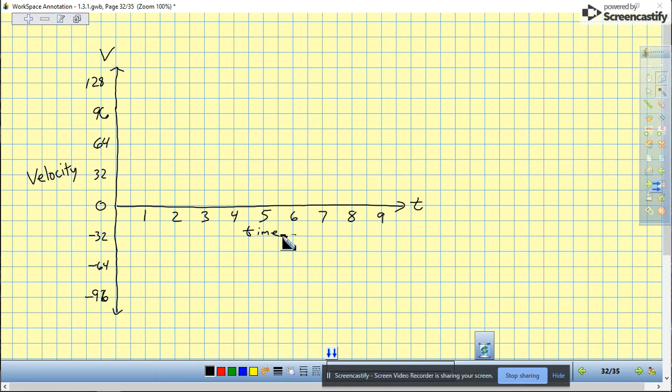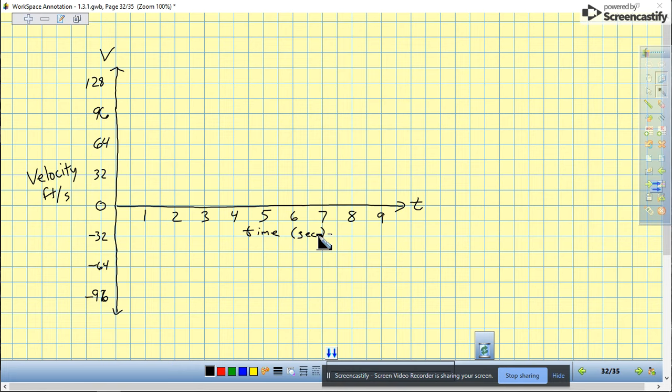Now, when you're labeling your x and y axis, make sure you're labeling them based on what they actually are. Your velocity is in feet per second, right? And your time is in seconds. It's important to label it as accurately as possible.